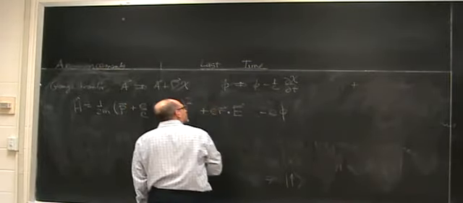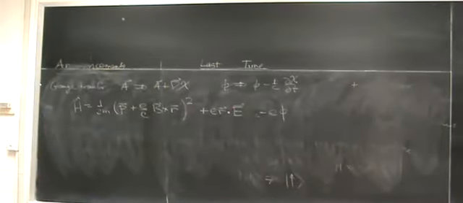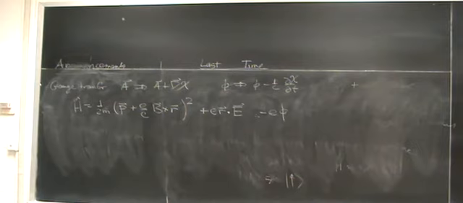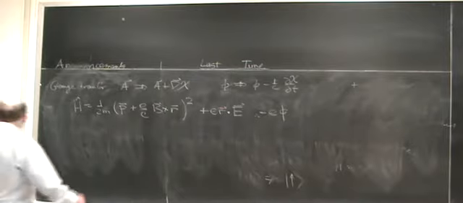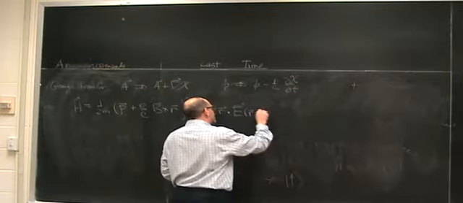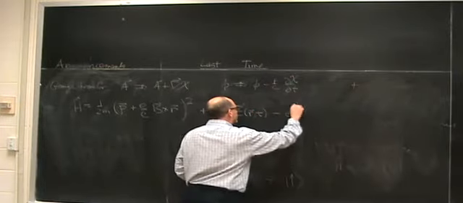This guy is plus. All right, so the nice thing about the Power-Zienau-Woolley transformation is everything now is expressed in terms of E and D, instead of A and phi. This is the electric field at the position of the electron, and similarly for this.